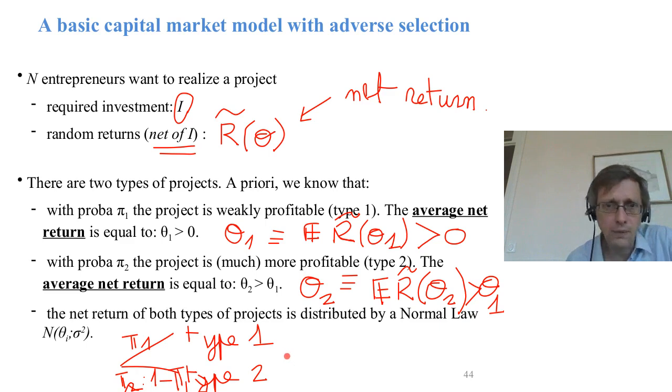So this corresponds to the average net return of a type 2 project. What else?